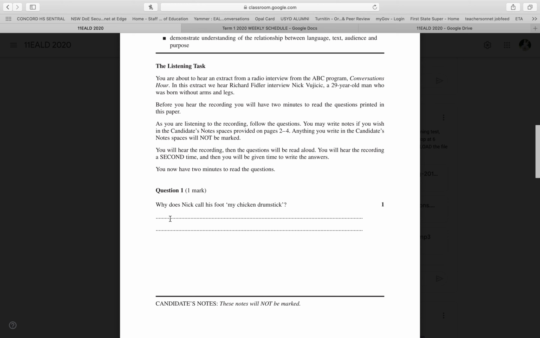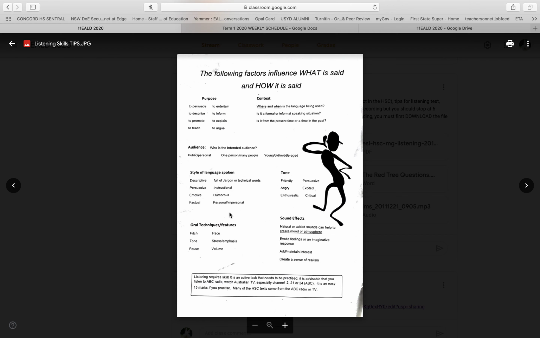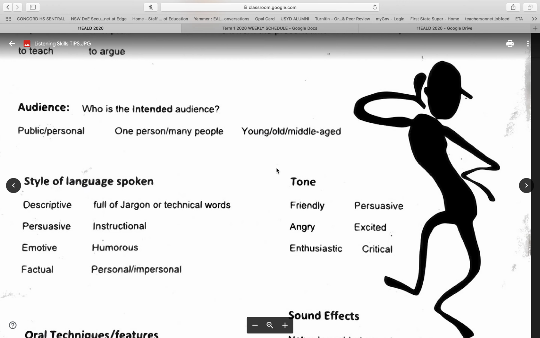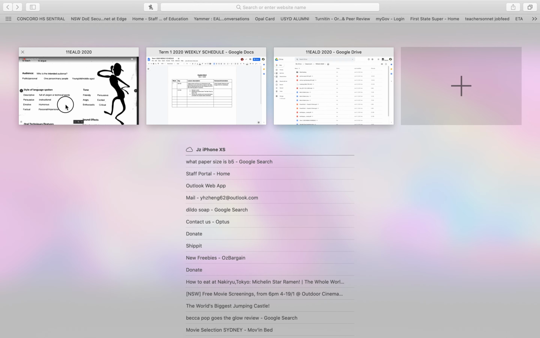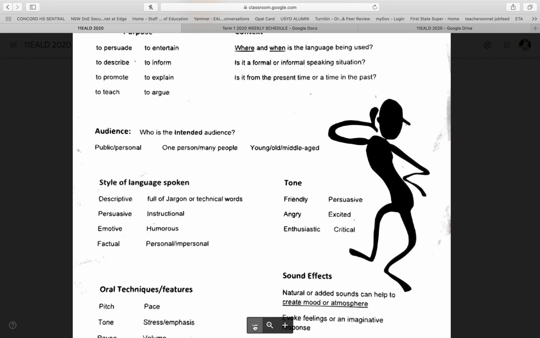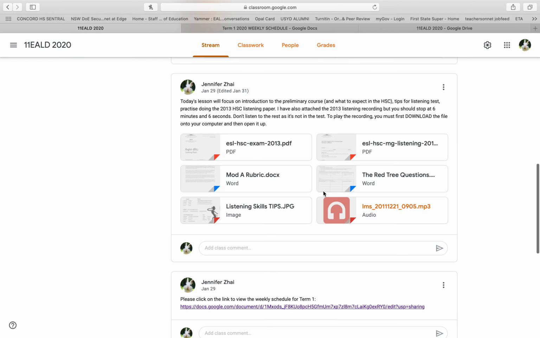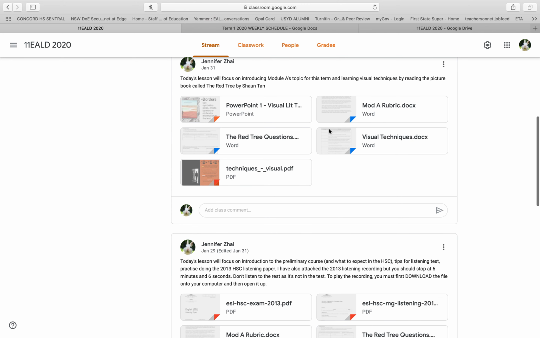So have colored pens ready, have a highlighter ready. And as for this one, this is kind of like your cheat sheet if you think about it. It will tell you what you're supposed to look out for and what you need to consider. Don't worry about the rest for now.